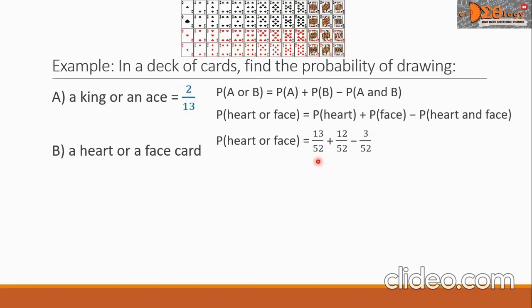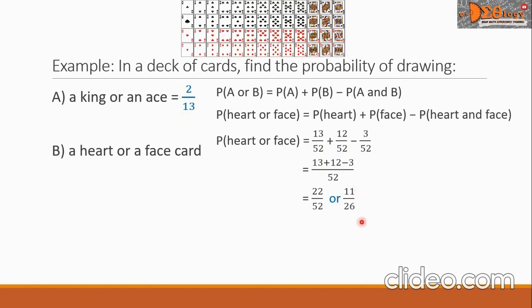Then let us simplify the fractions. We can see that the denominators are the same. So we can write the numerators 13 plus 12 minus 3 all over the same denominator 52. When we simplify the numerator, it will be 22/52, which is reduced to lowest term as 11/26.